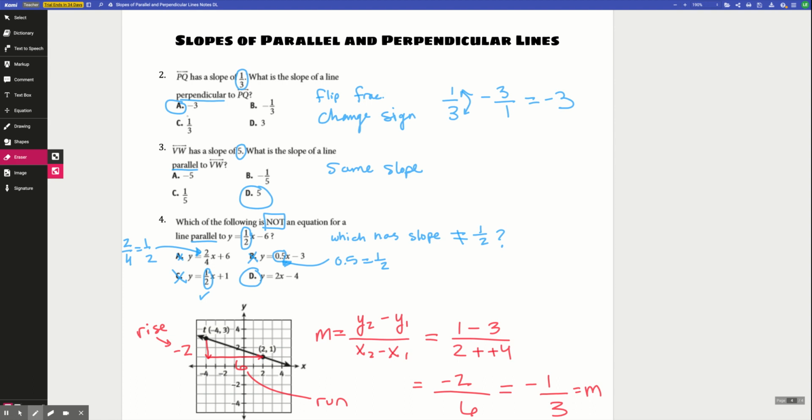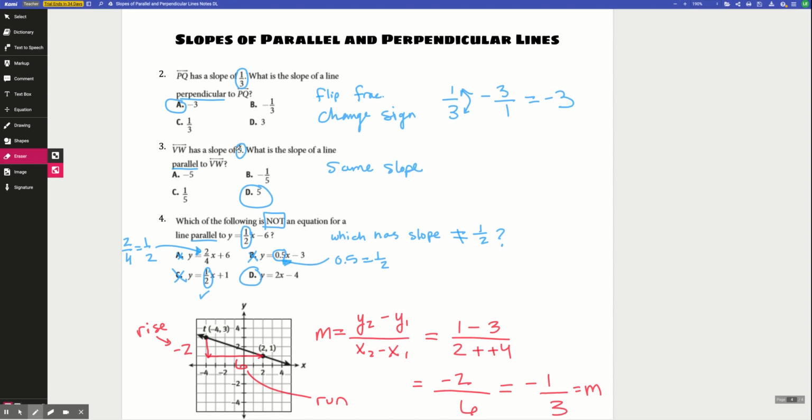Well, option C is easy to eliminate because you see the 1/2 right there. In option A, 2/4 is the same as 1/2, so I can eliminate that one. And in option B, 0.5 is equal to 1/2, so I can eliminate that one. So D is my answer there because 2 is obviously not equal to 1/2.